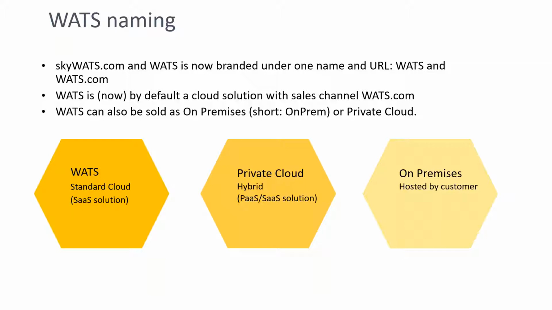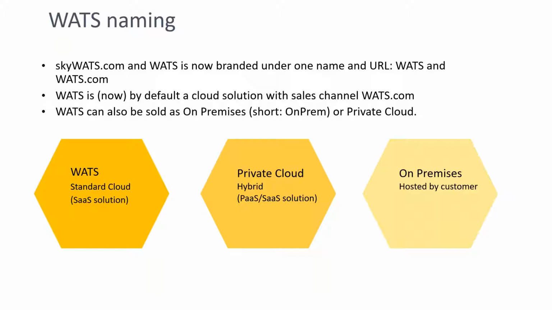A little bit more on the name and the options that are available in WATS. The standard WATS solution is delivered on a cloud, as a software as a service solution.